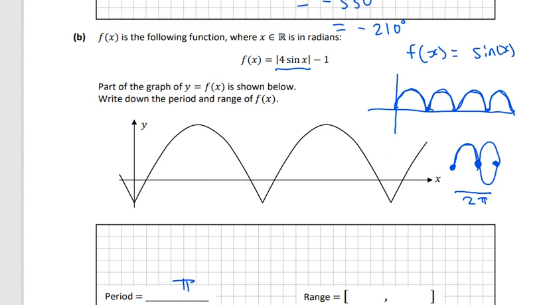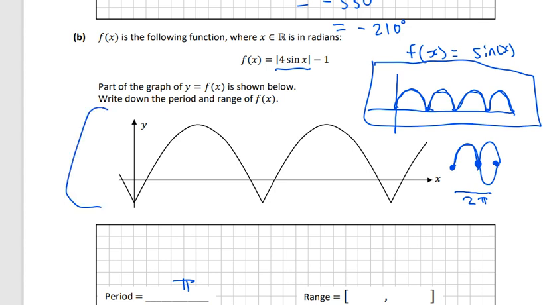And in the range, you'll notice it just goes down. My graph here isn't exactly the same as this graph. This one goes down just below the axis and then goes up, and that's because of the minus one in it. The minus one shifts everything down, so it goes down to minus one, and because of the 4 there, that means that the distance from there to there is 4.